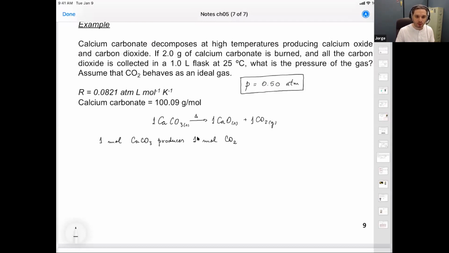However, what the exercise provided us is the mass of calcium carbonate. So you may go in 2 different ways to solve this problem.